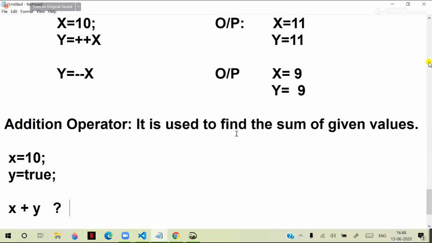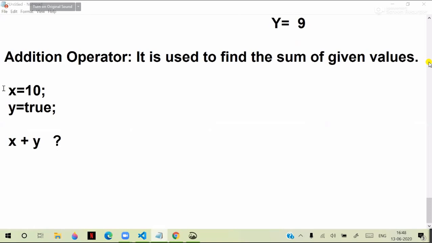As I told you once in Boolean operators, this is valid. There is nothing like invalid.